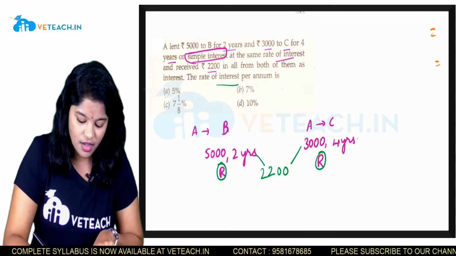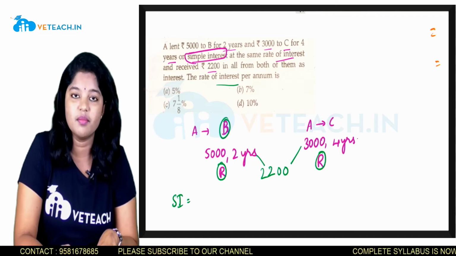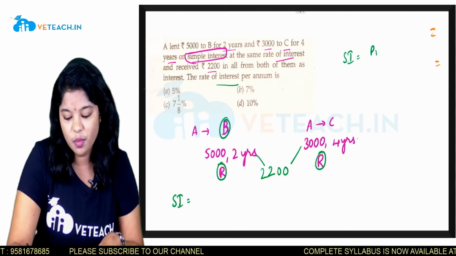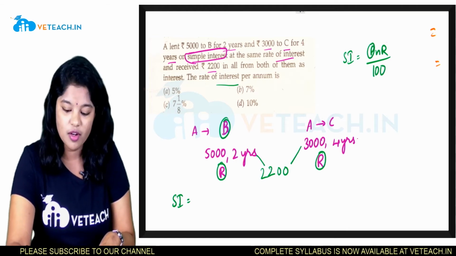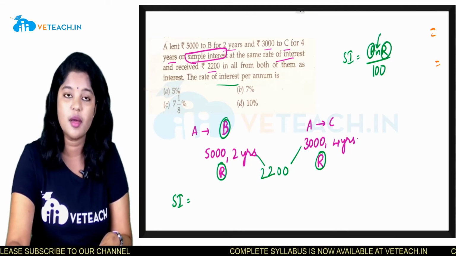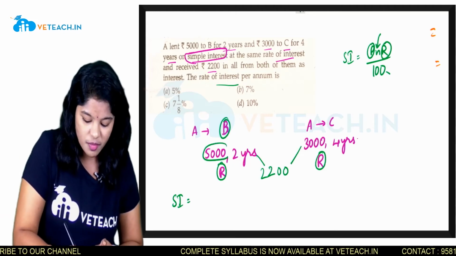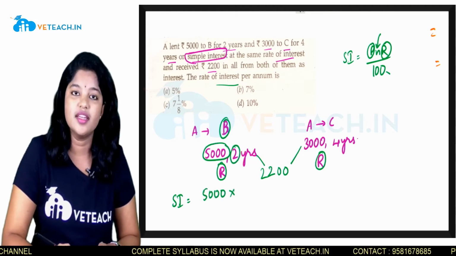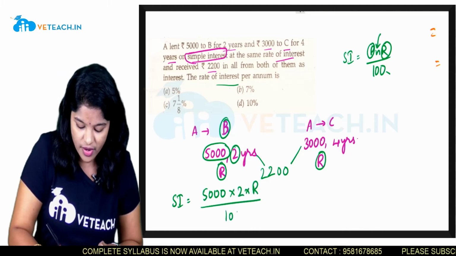Now the simple interest formula is SI equals PNR by 100, where P is the principal amount, R is the rate of interest, and N is the number of years. So the principal amount of B is 5,000, into time period N equals 2 years, into rate of interest R by 100.